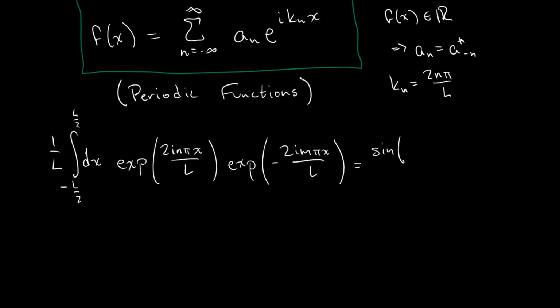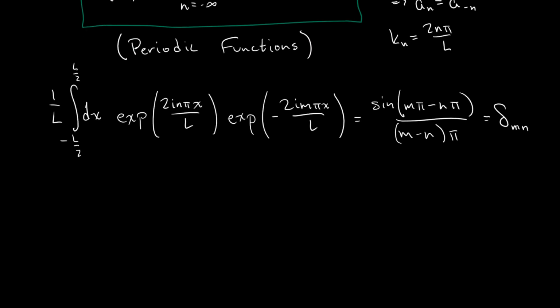We get something like (m pi minus n pi) over (m minus n) pi, which we already saw. We already saw that function, and we know that this is the Kronecker delta. So we're still dealing with orthonormal functions, and all is well and good.